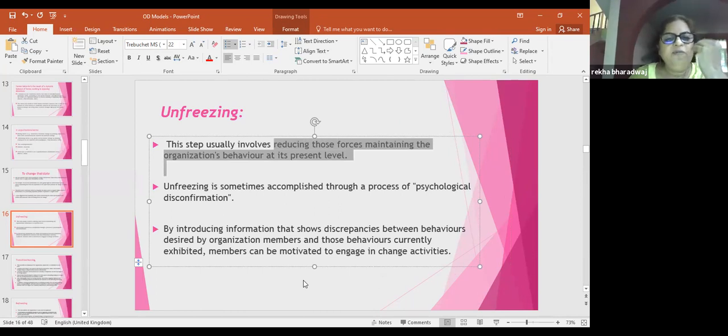And unfreezing is sometimes accomplished through a process of psychological disconfirmation, which means that you introduce information that shows discrepancies between behaviors desired by organization members and those behaviors which are currently exhibited. And then members can be motivated to engage in change activities.